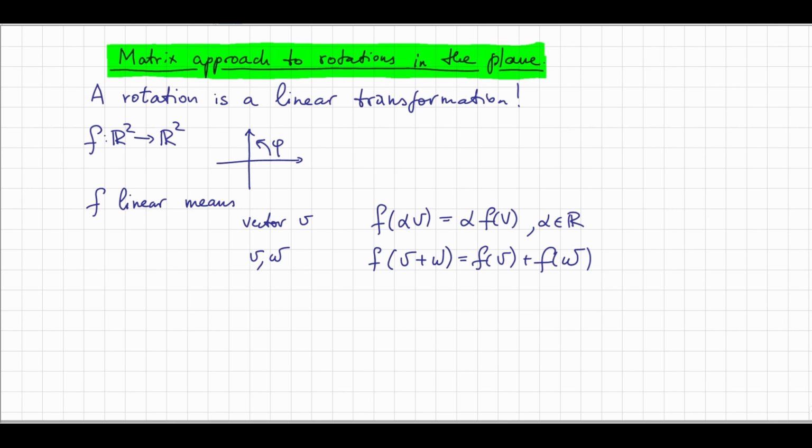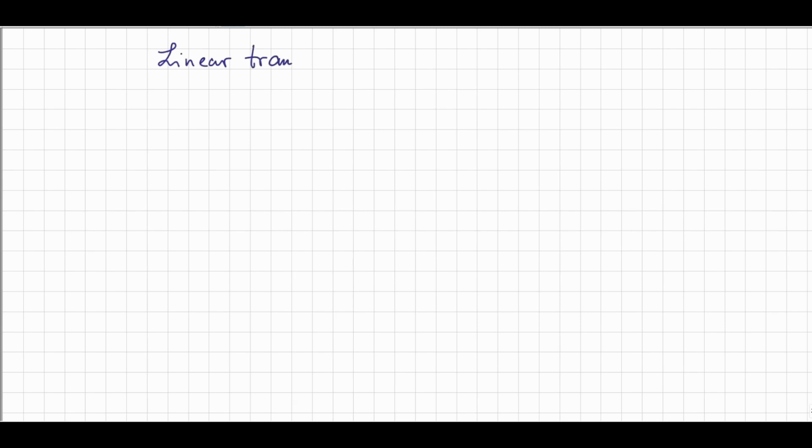So one of the fundamental concepts of the linear algebra is the correspondence between linear maps or linear transformations and matrices. Let us see how this correspondence works in the case of rotations. Before we do that, let us recall the definition of sine and cosine.